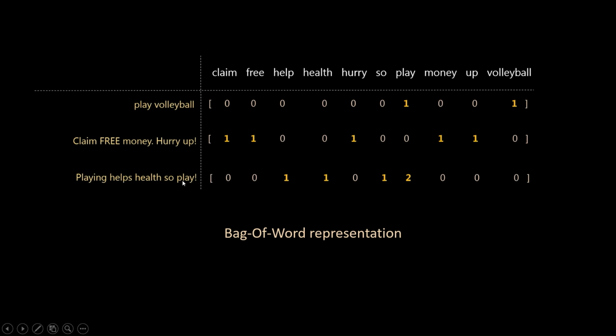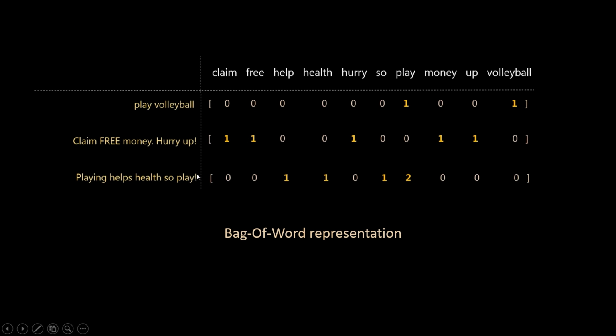Have a look at this document: "Playing helps health, so play!" Here, for our convenience, the sentence was taken as it is, but actually during the processing stage, before generating this vector, the sentence will be processed so that playing will be lemmatized into the term play, and stop words will be removed.